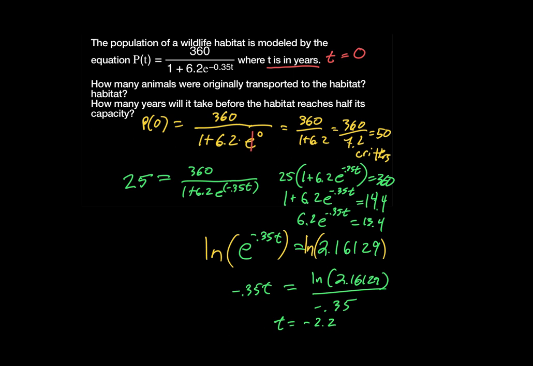And you might say, well, I found an answer, but my answer doesn't make sense. That could mean I did something wrong. Could mean my answer doesn't make sense in the context of the question as well. Could mean that their model is bad. But in terms of interpreting the answer, it'd be 2.2 years ago.